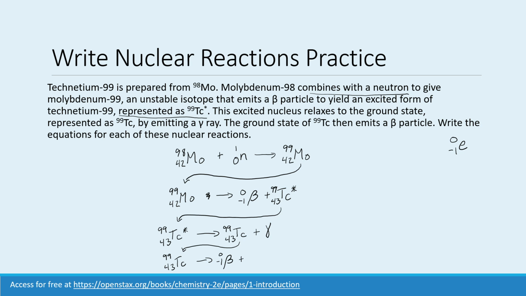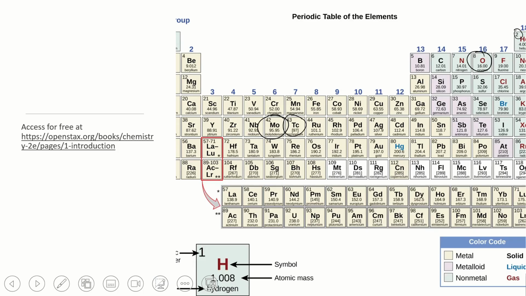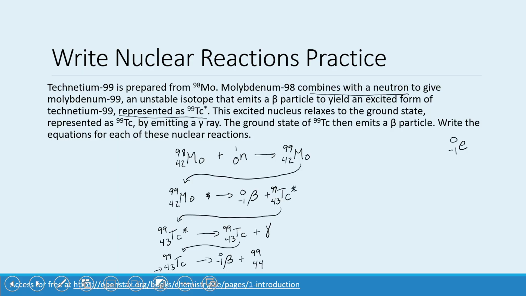Because again, on the product side, everything should add up, which means 0 plus 99 will give us the reactant side, and then something minus 1 needs to equal 43, and so that would be 44. So we keep climbing up in the periodic table. And if we look at 44 on the periodic table, we'll see that that is ruthenium. And so you've got the product ruthenium after you have a beta decay from the technetium.